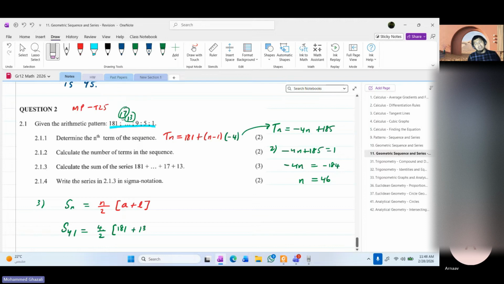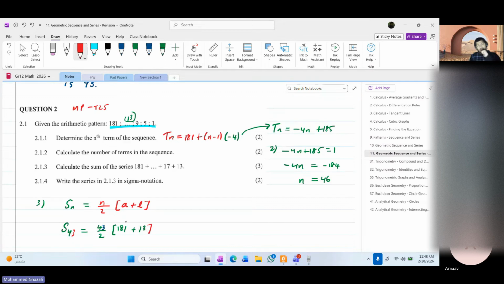We're only minusing 3 terms from this total. So 43 terms, okay? Because we're summing up 13 as well. 13 is part of this sequence, right? 43 over 2 into 13.